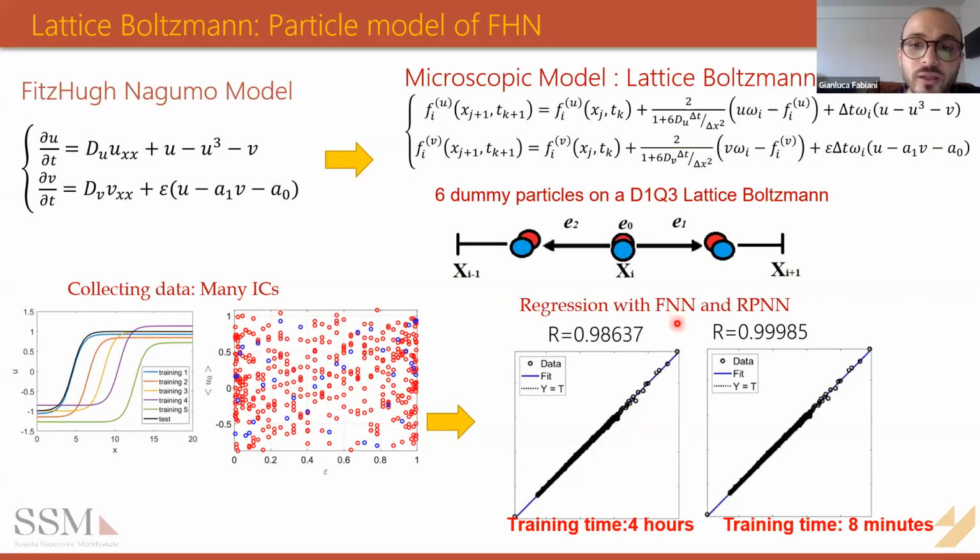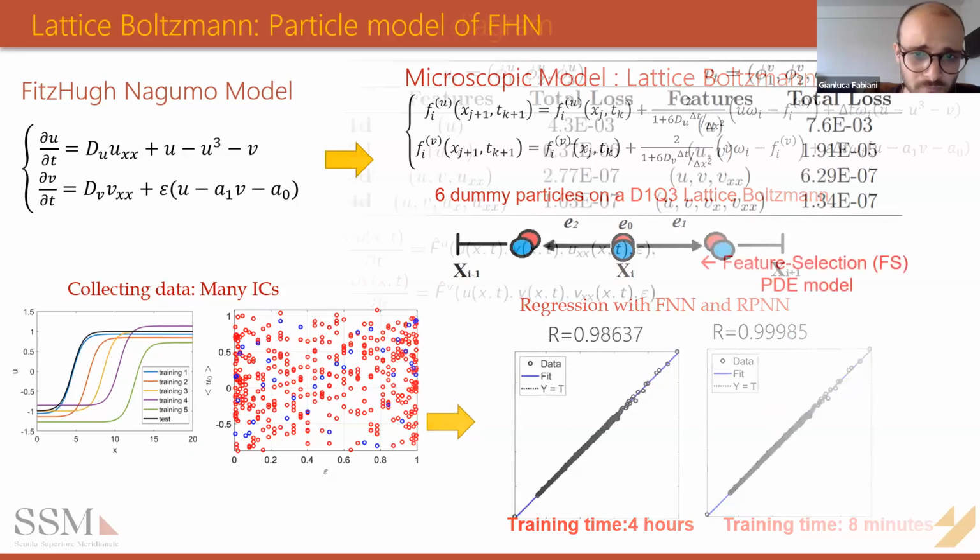We're using both a feed-forward neural network, so deep learning, and a random projection neural network, getting similar results in terms of regression coefficient. The main difference is that the training time for deep learning needed 4 hours, random projection neural network needed 8 minutes. So you can see that this is 50 times faster than the classical neural network.